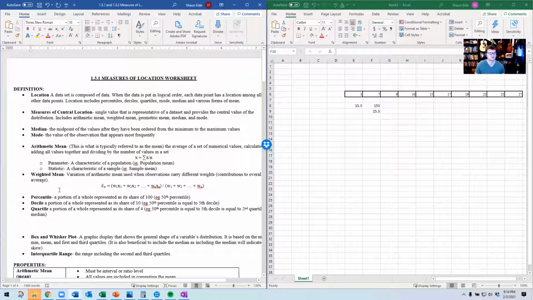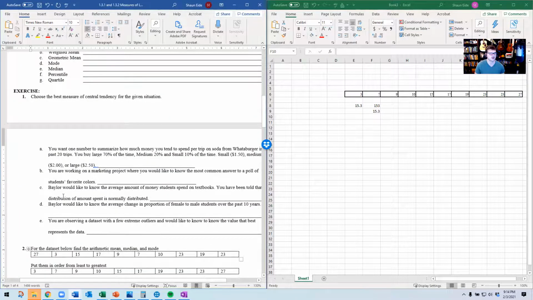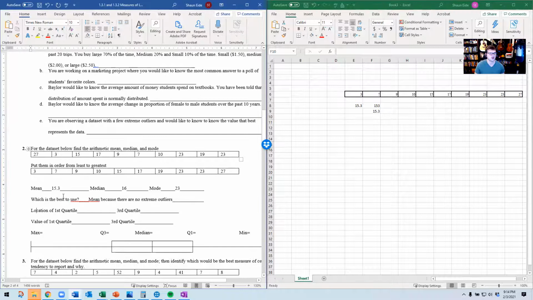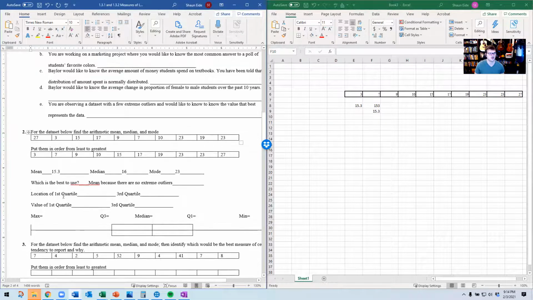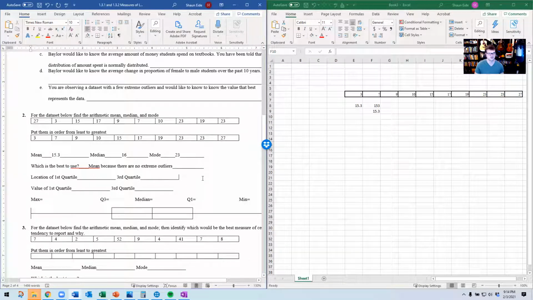But it is in my lectures. So the location of the first quartile, you are going to do 0.25, or you can do 1 divided by 4. That's the first quartile, or it's the exact same thing as 25 divided by 100.